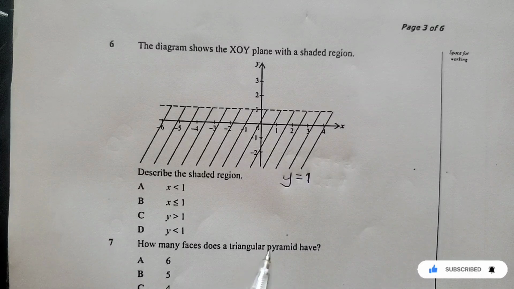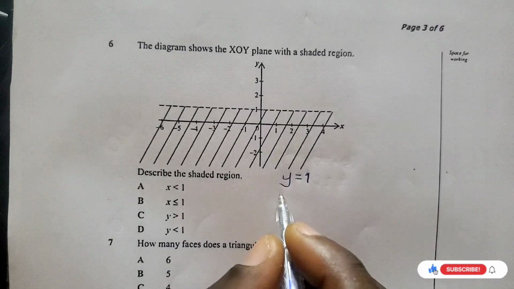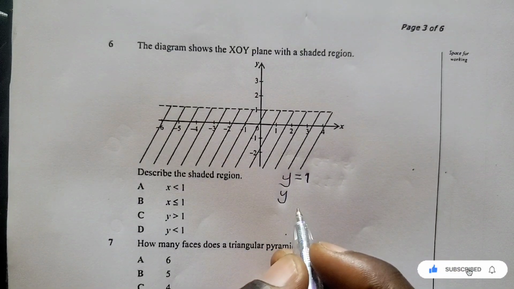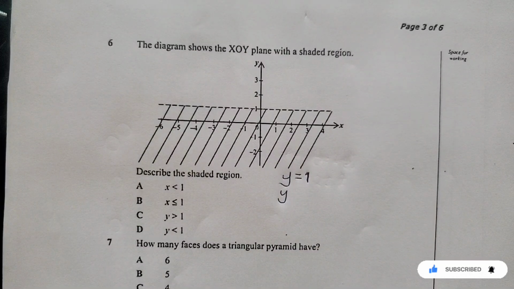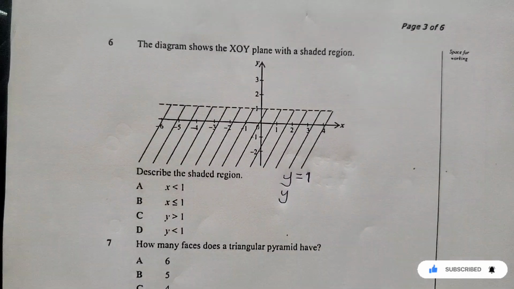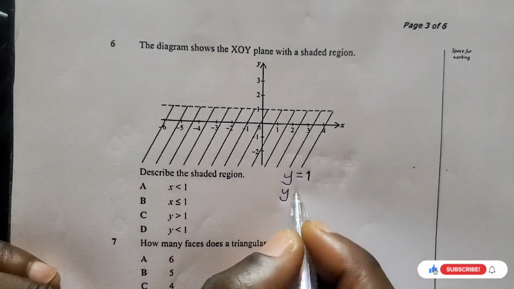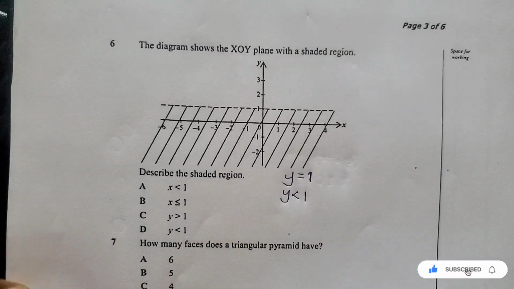So what we're going to do here, we're going to look at the shading. The shading is what? Less than. All right, the shading is less than. So down here, we're going to use less than the number which is there, less than 1.